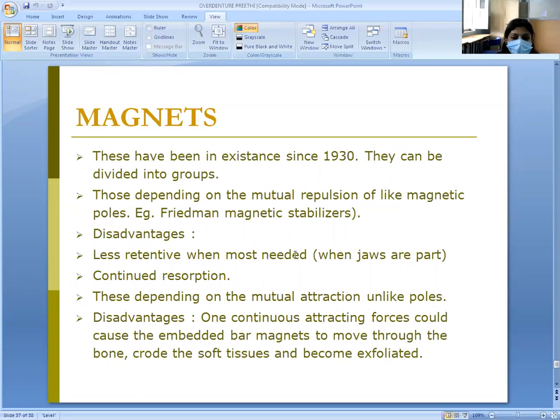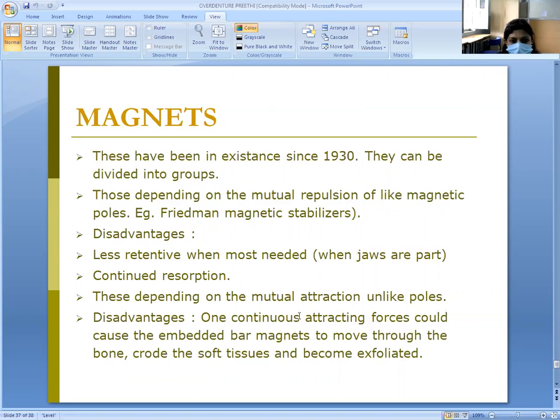When the jaws are apart, there are less magnetic forces. So it is less retentive when it is most needed, and there is continued resorption. As time goes, the magnet gets resorbed. Then there are those depending on the mutual attraction of unlike poles.